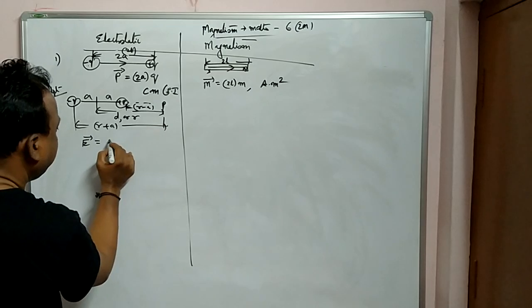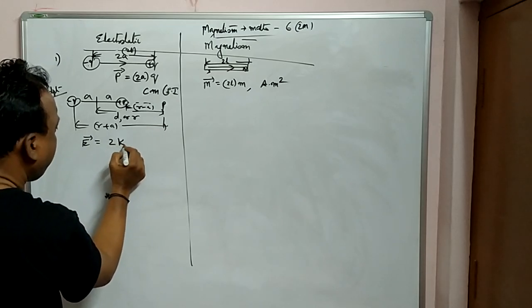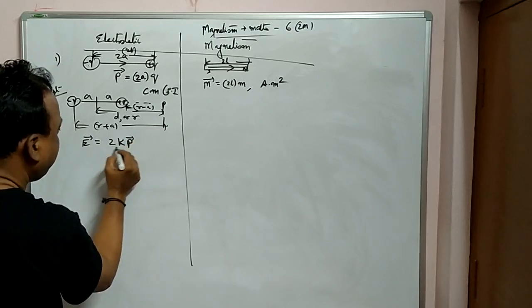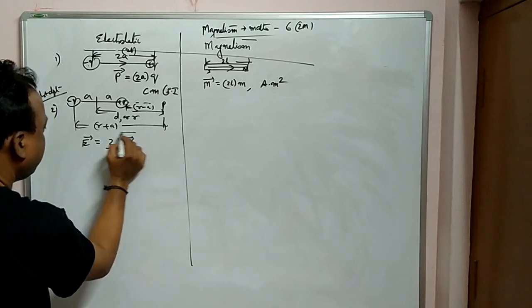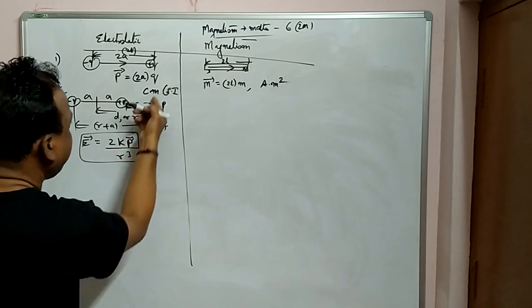In this direction, 2K into P by R cube, where P is the electrical dipole moment.